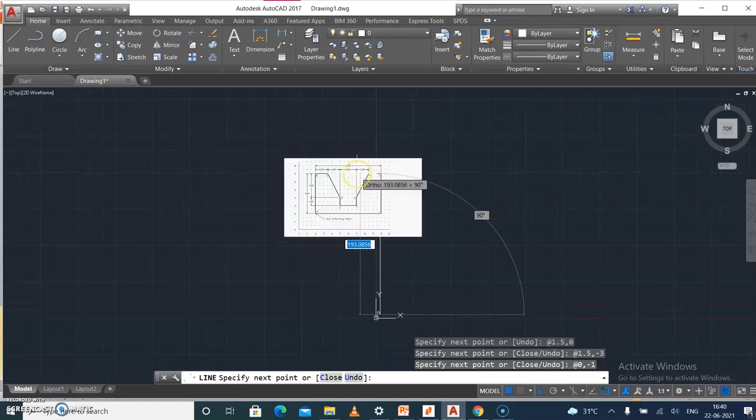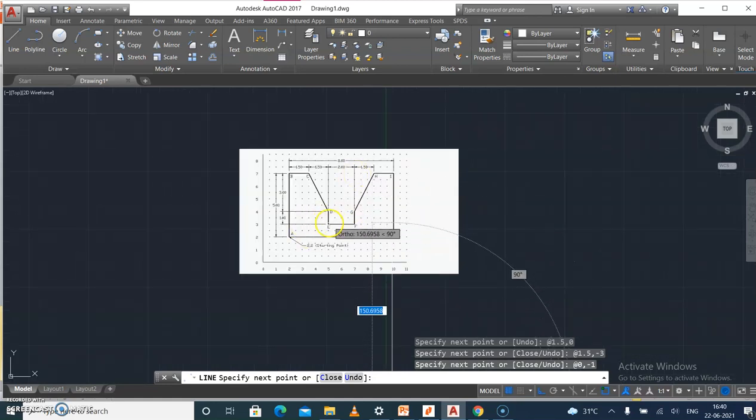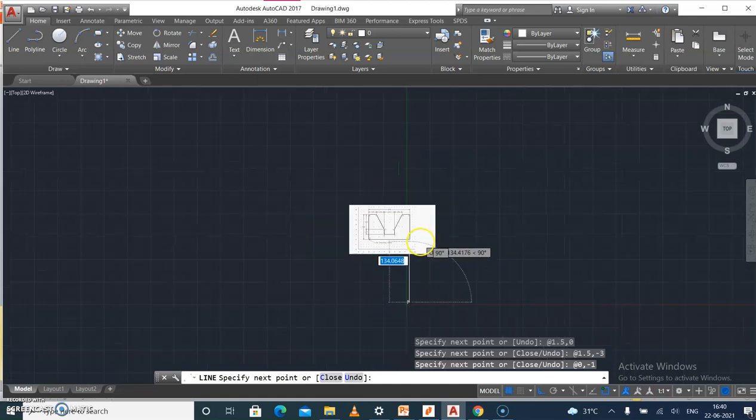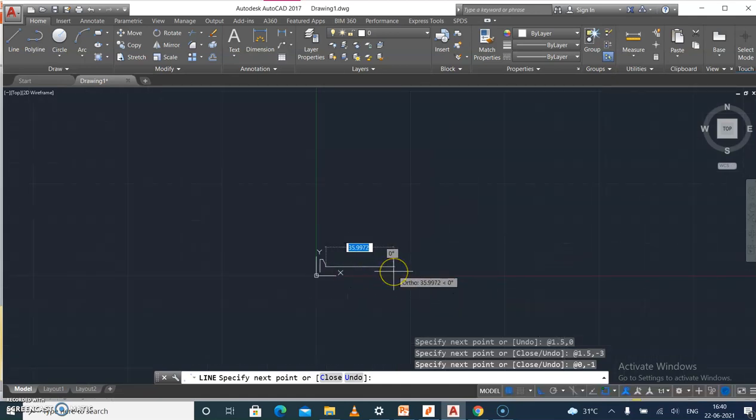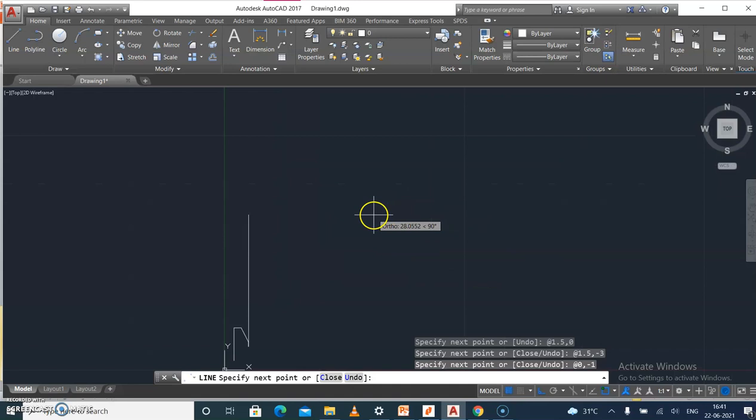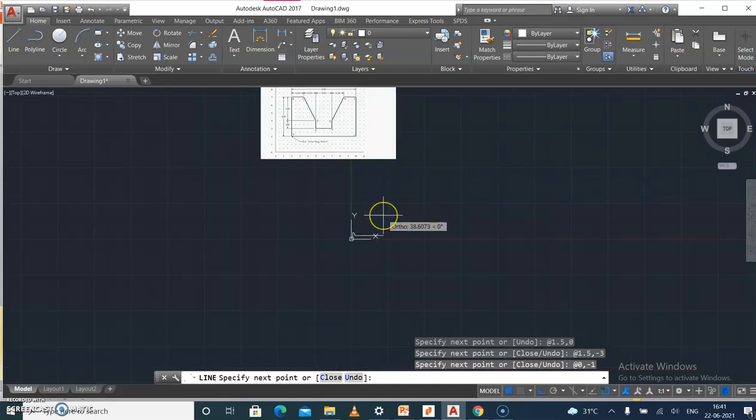Then 2. Okay, x is 2 but y is 0. That time we take it from the origin. So x is 0 comma 2. Enter.